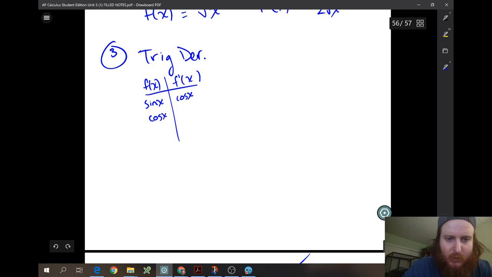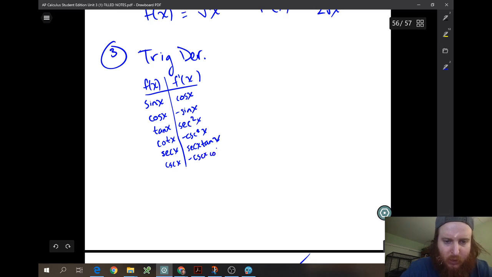Derivative of cosine of x is negative sine of x. Tangent of x is secant squared. Then I'm going to group tangent with cotangent, which is negative cosecant squared. Then secant of x, 1 over cosine, is secant x tangent x. And cosecant of x, 1 over sine, is negative cosecant of x cotangent of x. So make sure we have those memorized.